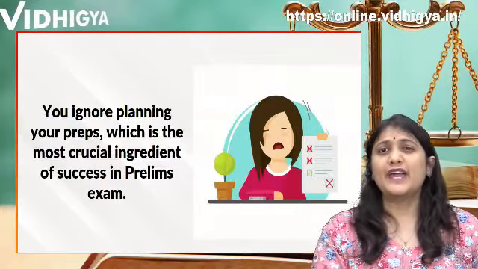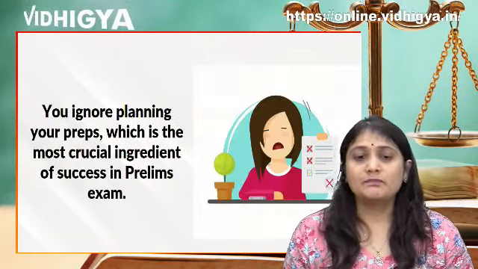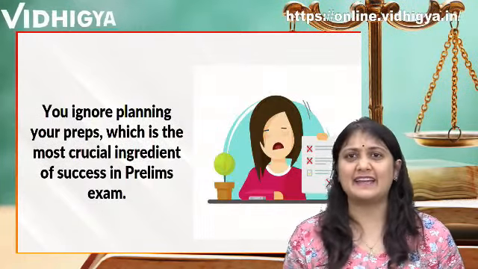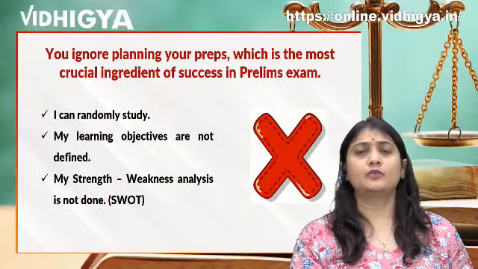Let's come to the 5th mistake that you people commit. You ignore the planning. See, what happens is when we don't plan, we don't execute, right? If you don't plan your preps, the most crucial ingredient of success is planning and execution. You need to do both. And what do you think?